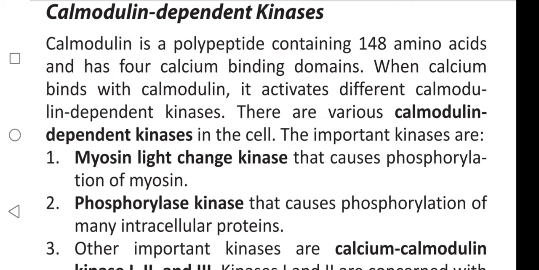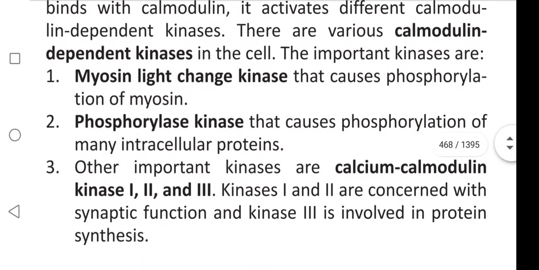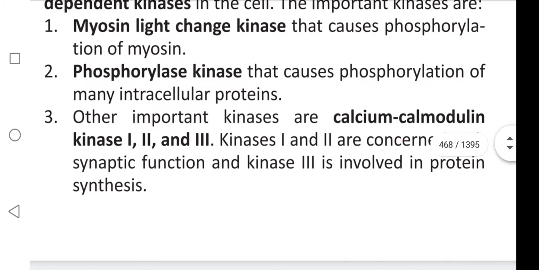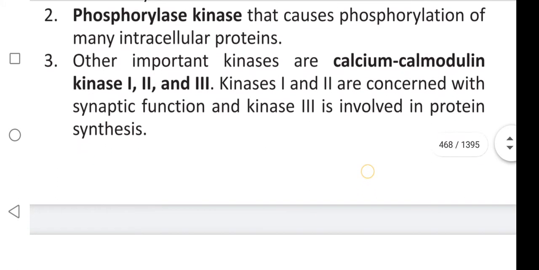There are various calmodulin dependent kinases in the cell. The important kinases are myosin light chain kinase that causes phosphorylation of myosin, and phosphorylase kinase that causes phosphorylation of many intracellular proteins. Other important kinases are calcium calmodulin kinase 1, 2, 3.